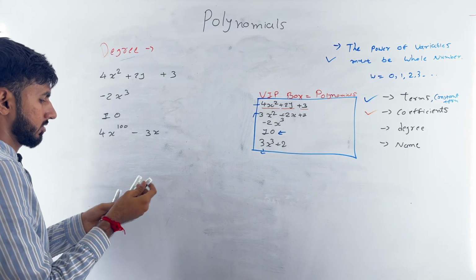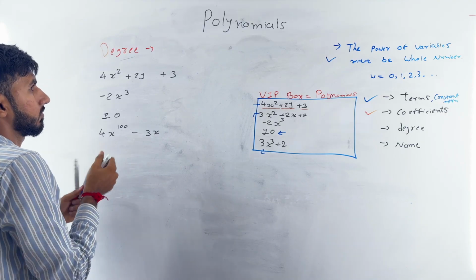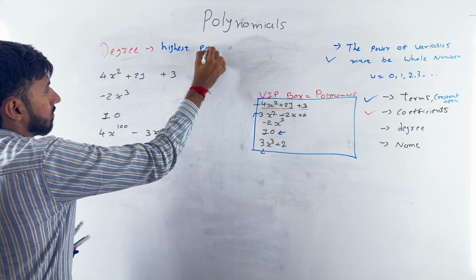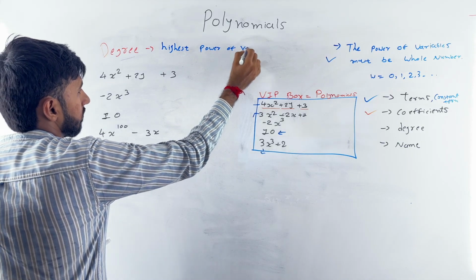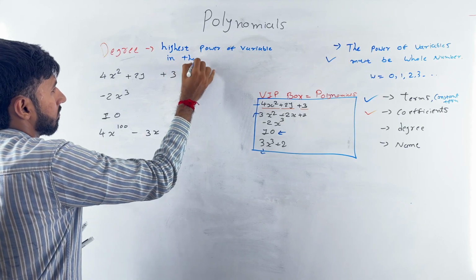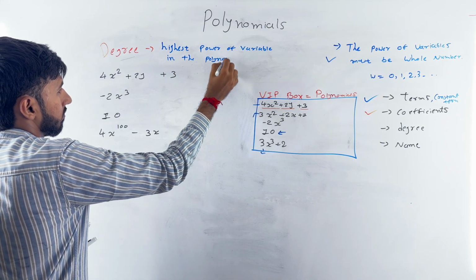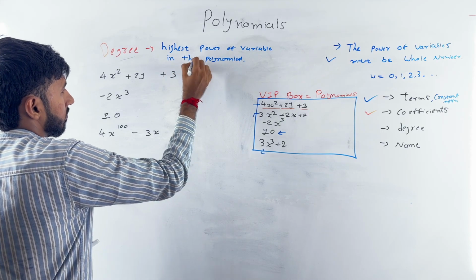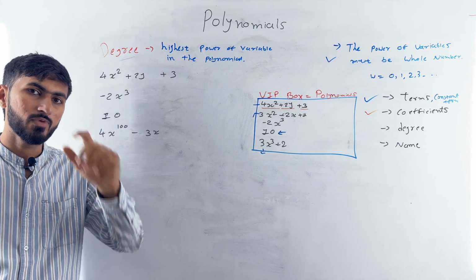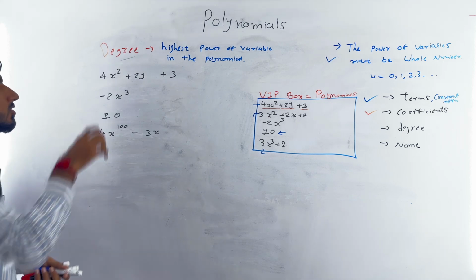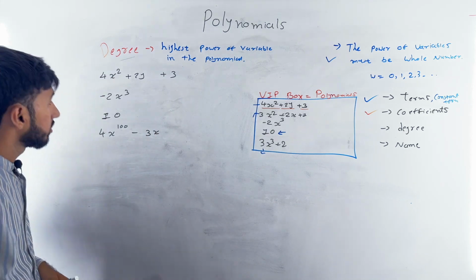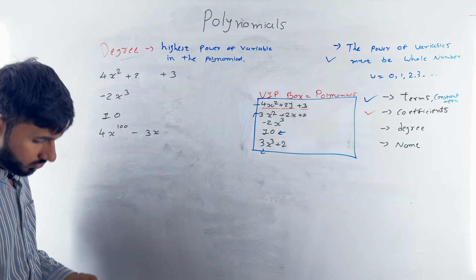Let me write it here. What is degree? Degree is the highest power of the variable in the polynomials. So in this polynomial, if I want to find the degree, sorry, I have to write x here.